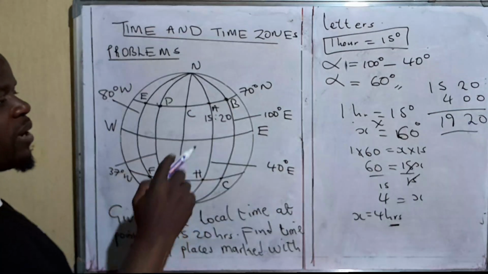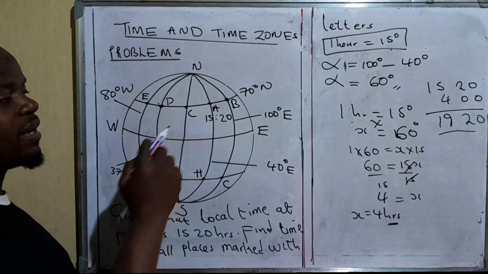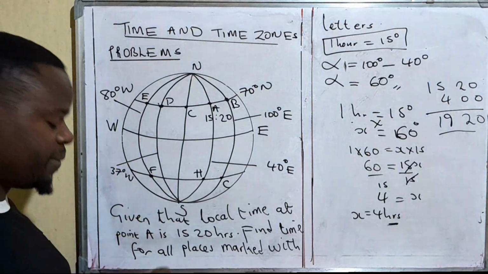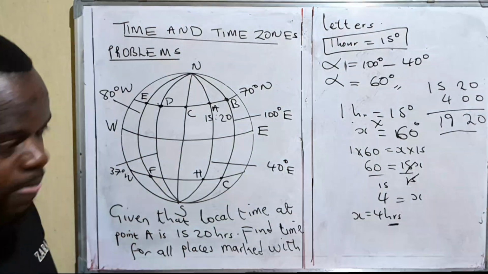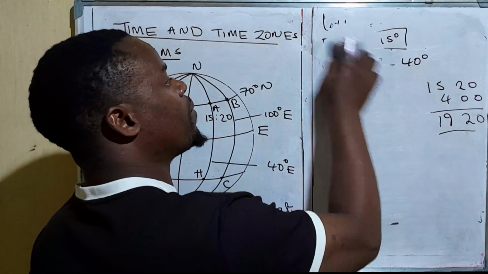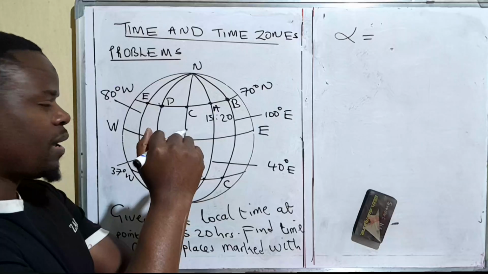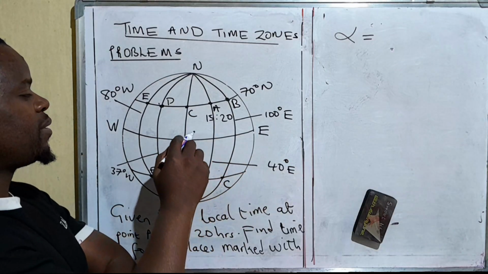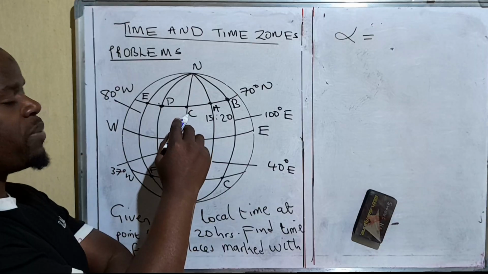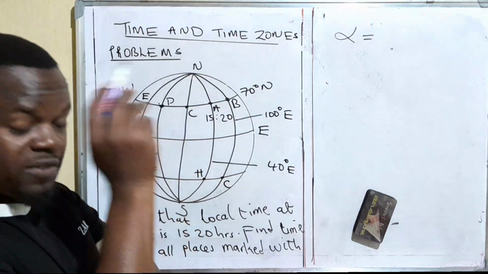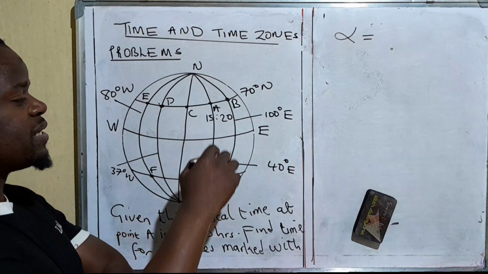What if we were to calculate the time at point C? How would we do it? Let me resolve that one. Let's now determine the time being experienced by people at point C. First and foremost, we need to determine the difference in longitude.